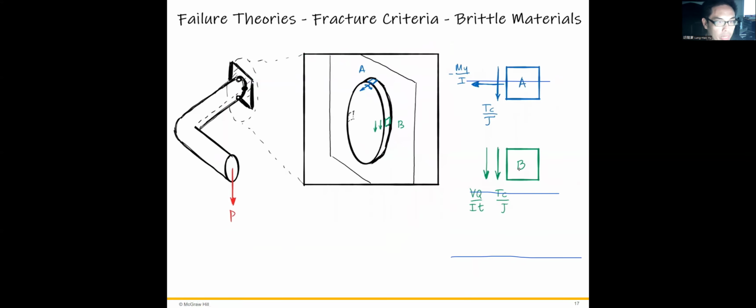So this is one example here. Suppose we have a bar with an L shape. We apply a force and this end is fixed.